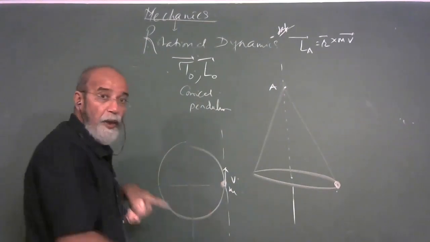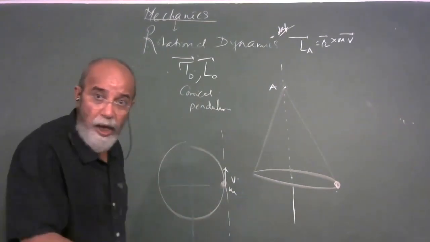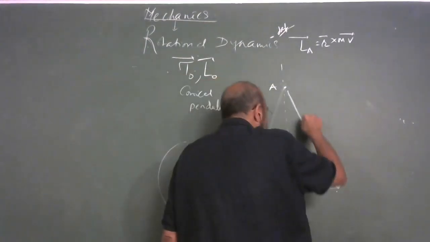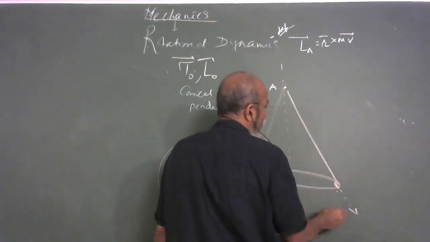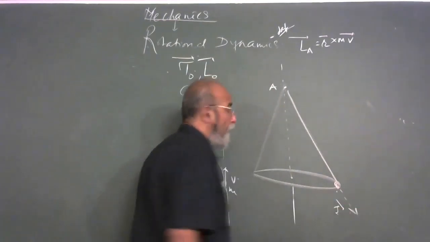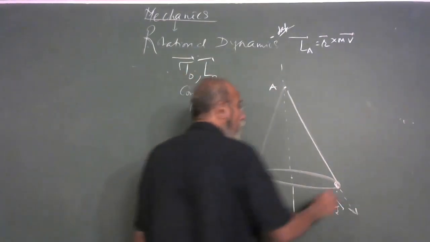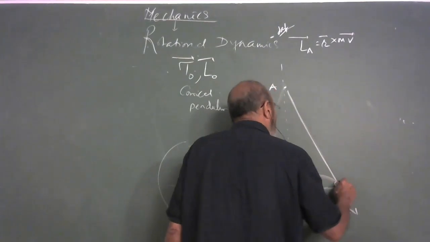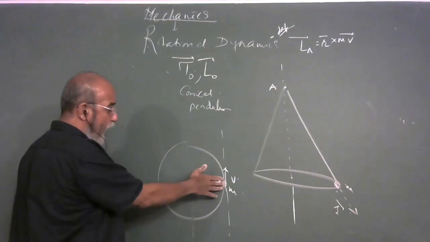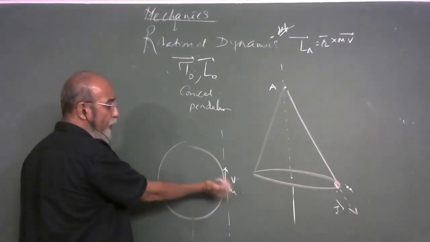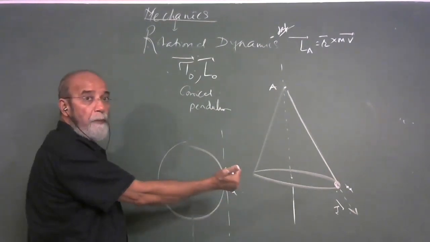That slant is the R. This slant arm is the R. And M with the V. The V is this. So it's R, V. R cross V, this way.